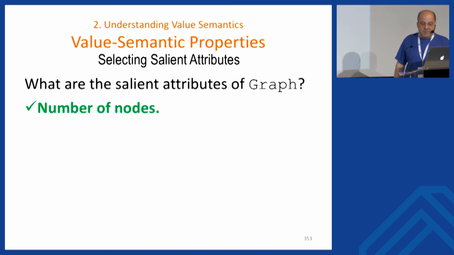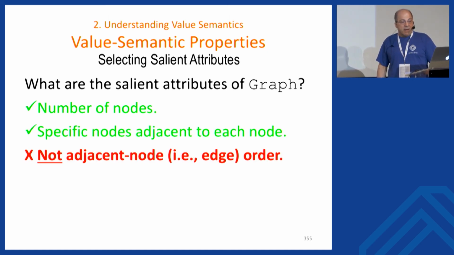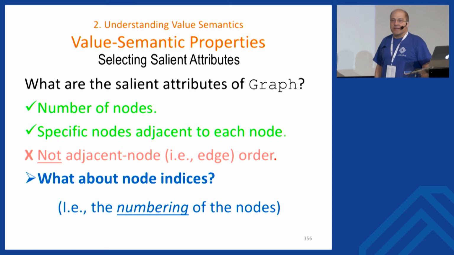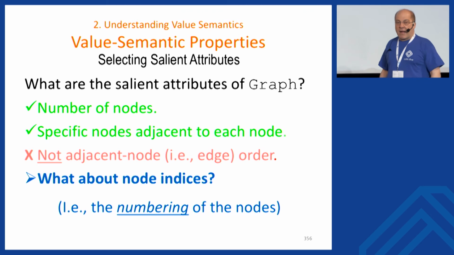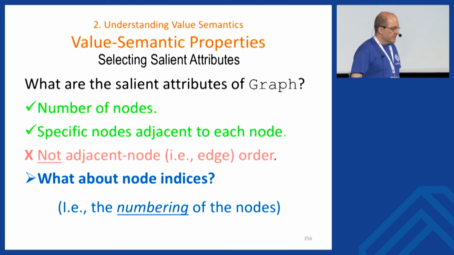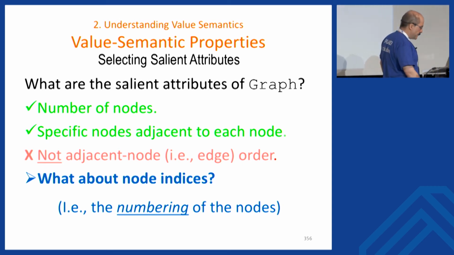What are the salient attributes of a graph? Number of nodes, specific nodes adjacent to each node, not the adjacent node order. We're not going to count that. What about node indices? When I iterate over the nodes in two graphs, do the nodes have to come out in the same order, or can they come out in different orders? What do you think? Different orders.